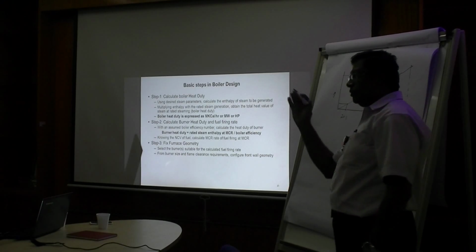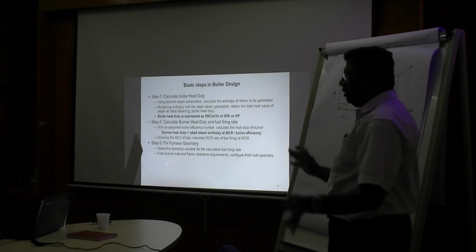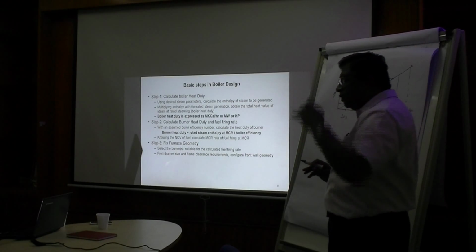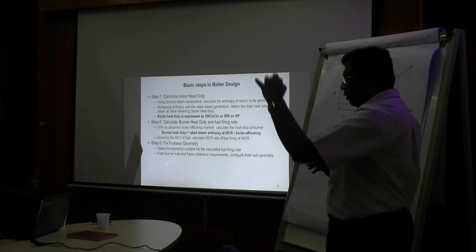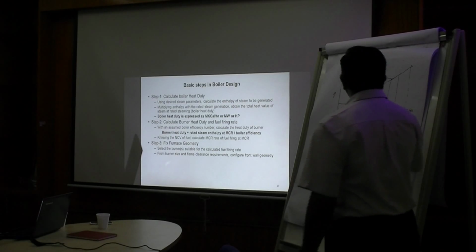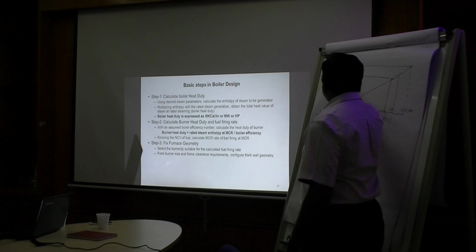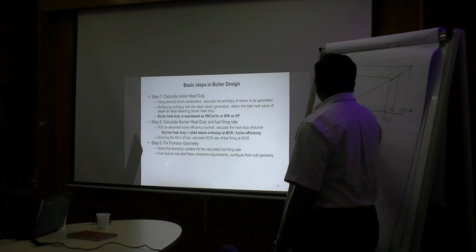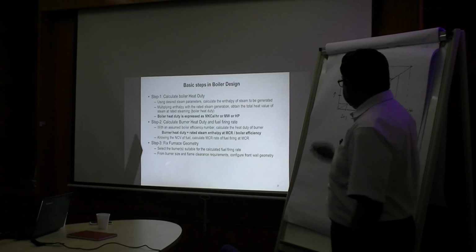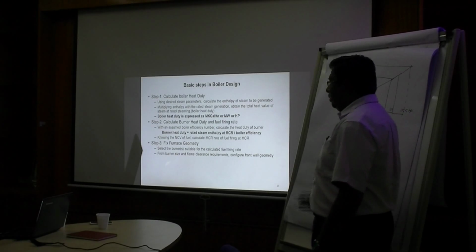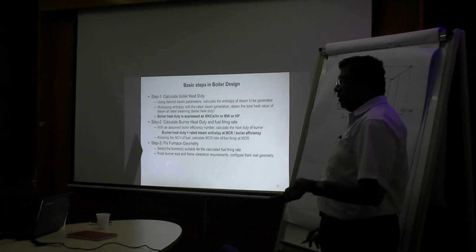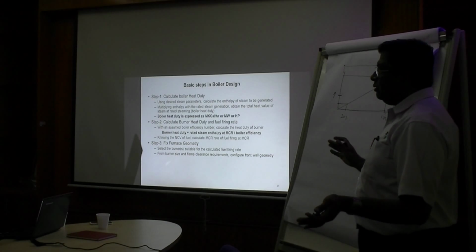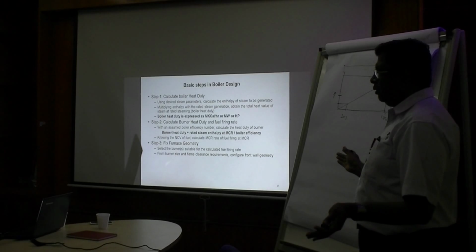And normally the turn down of a burner is supposed to be 25%, meaning from full rated capacity to 1/4 of it you can modulate the fuel flow. So if you take this as the design point for the burner, your 25% will be somewhere here, which means you cannot run the boiler at 20% load. But you specified that the load can vary from 20% to 110% peak load.